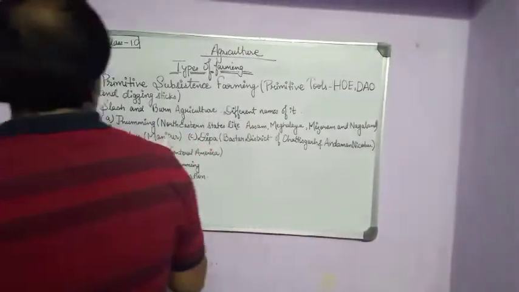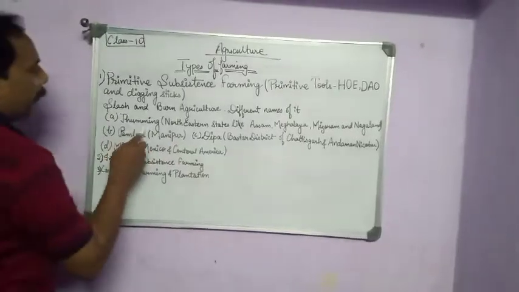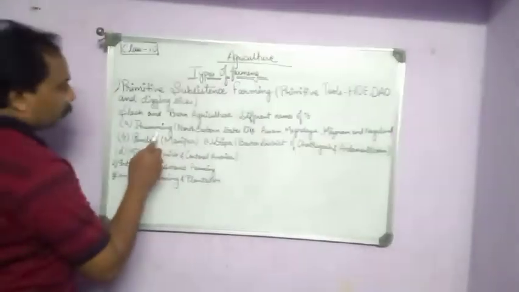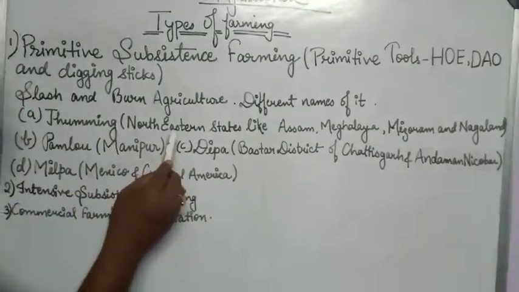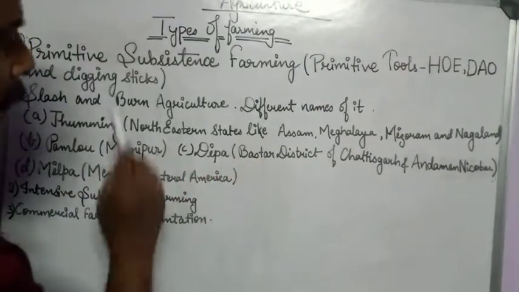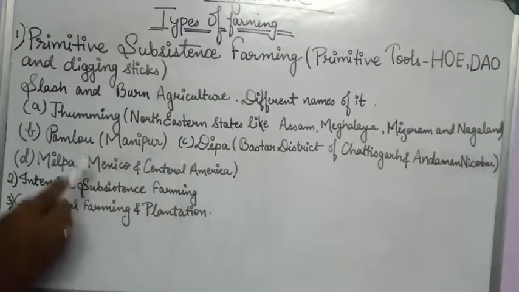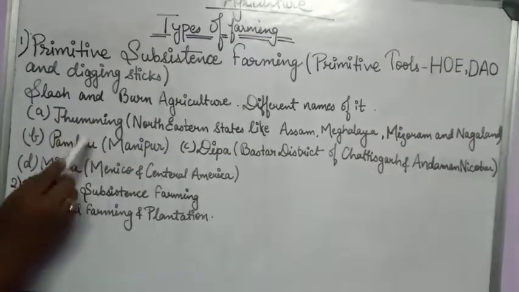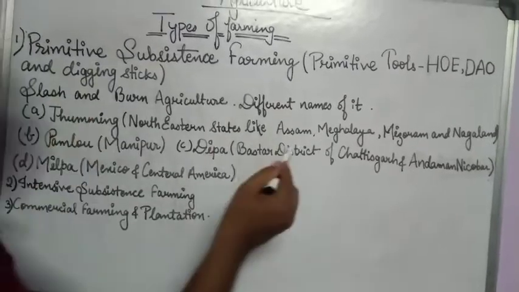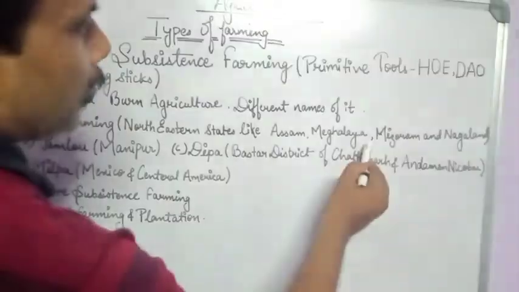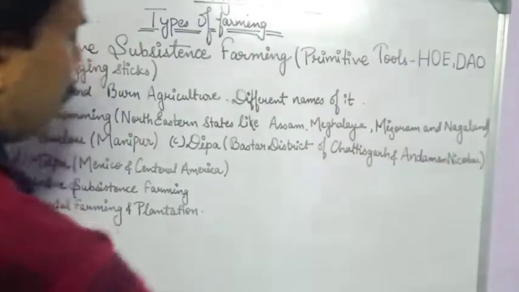In India, it is known as jhuming agriculture. This word is used in the northeastern states such as Assam, Meghalaya, Mizoram and Nagaland.